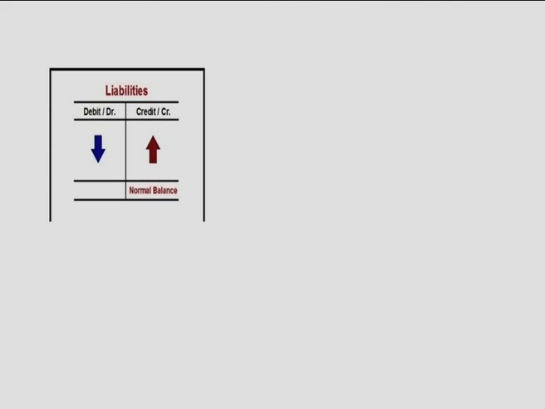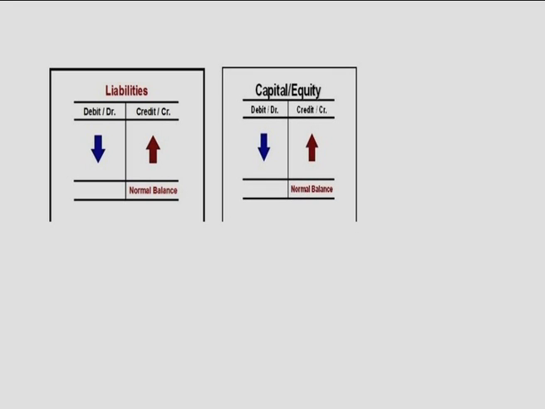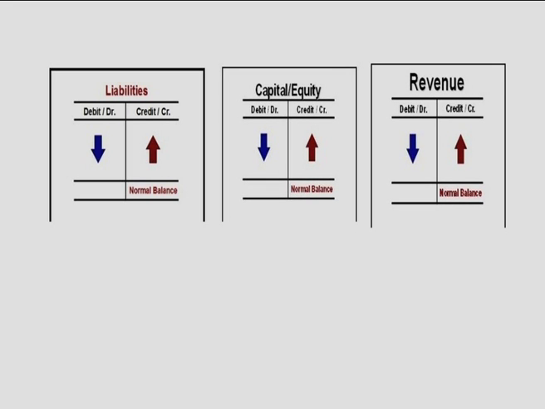Next part is liabilities, equities and revenue. When there is increase in liability, it will be credited. When there is increase in equity, it will be credited. When there is increase in revenue, it will be credited. For debit entry, there should be decrease in all these 3 types of accounts.